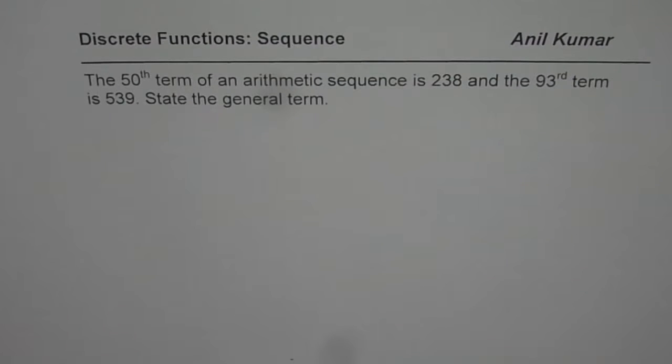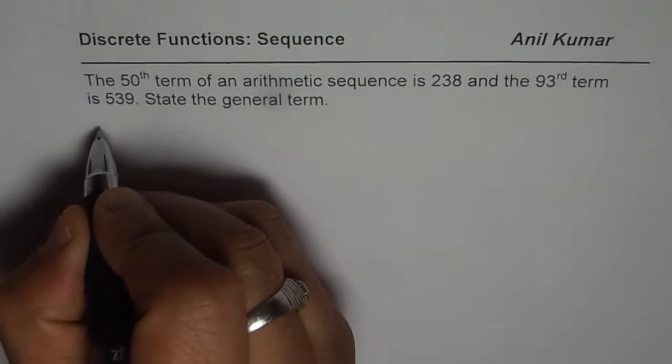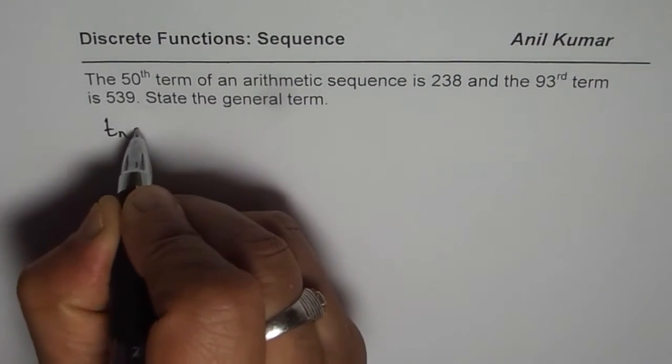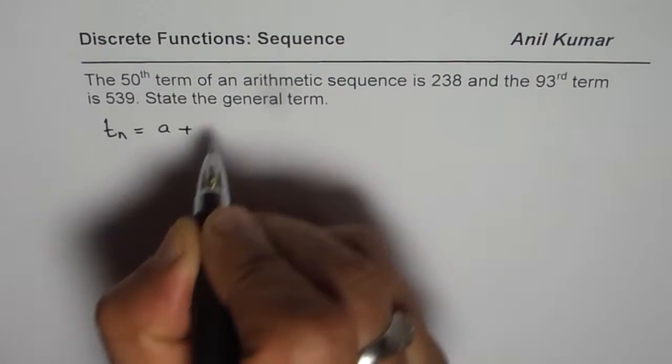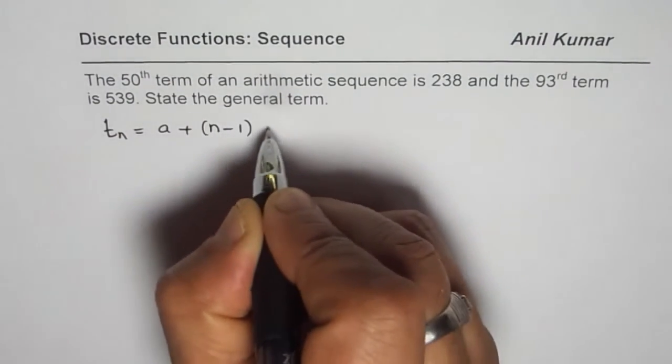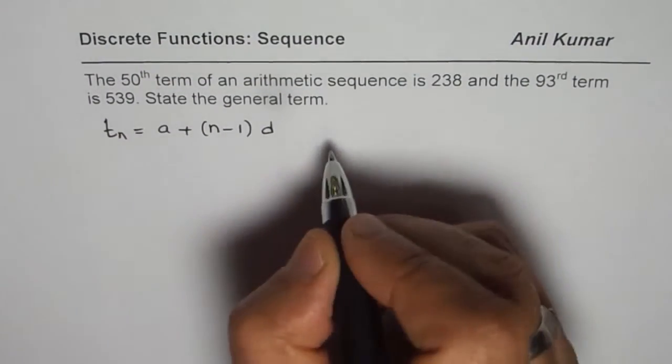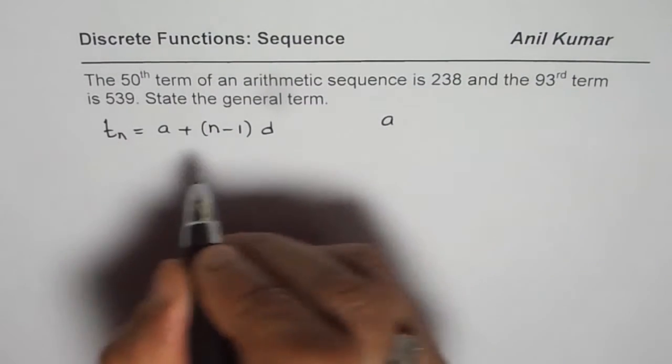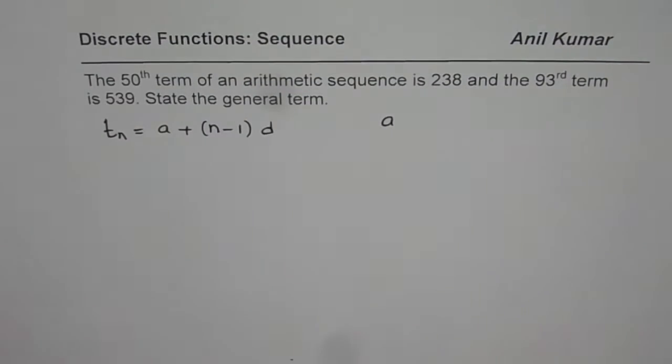State the general term. So the general term we can write as Tn equals a plus n minus 1 times d, where a is the first term, we can say the starting term, right?